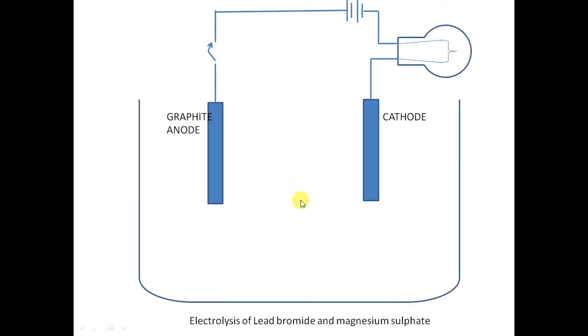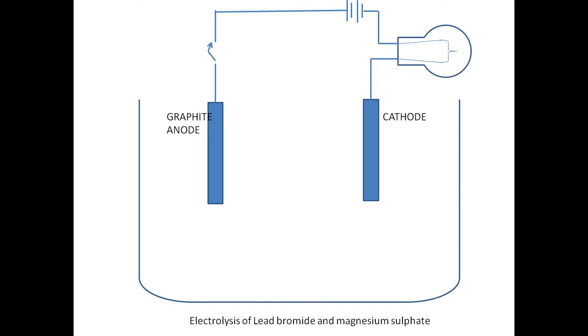Now we are using the same experiment, but here we are using two different compounds, lead bromide and magnesium sulfate. In this experiment you can see that there are two compounds and one compound forms two different types of ions, that is anion and cation. The other compound will also form anion and cation.